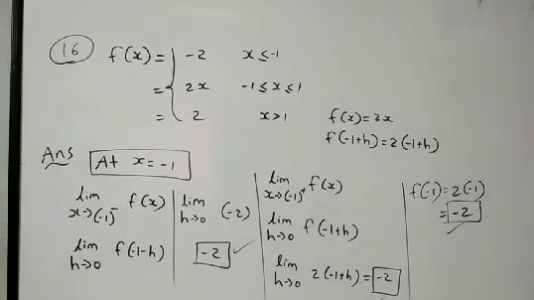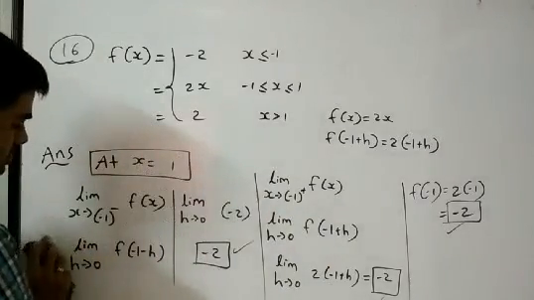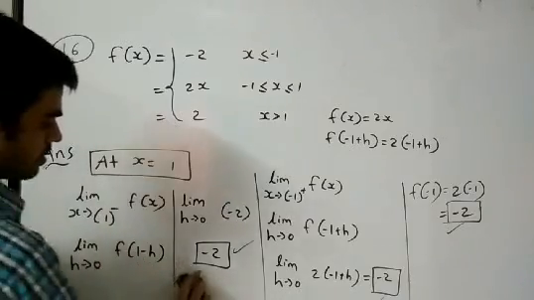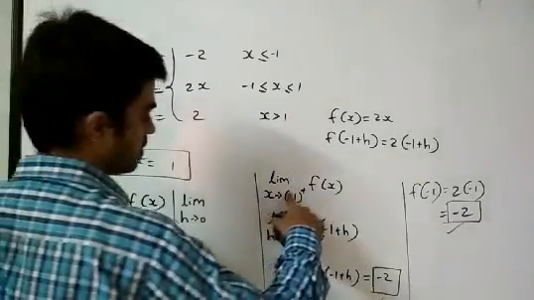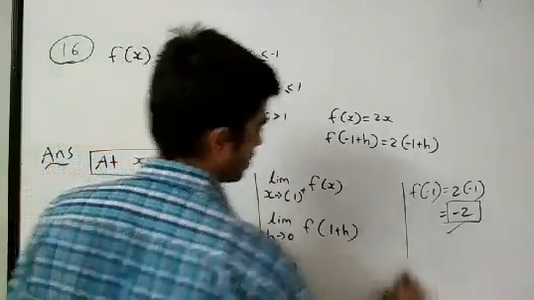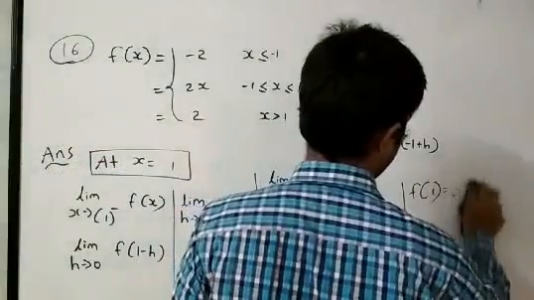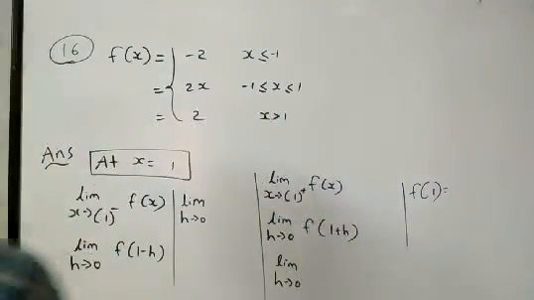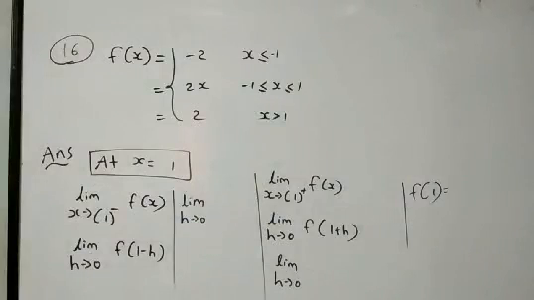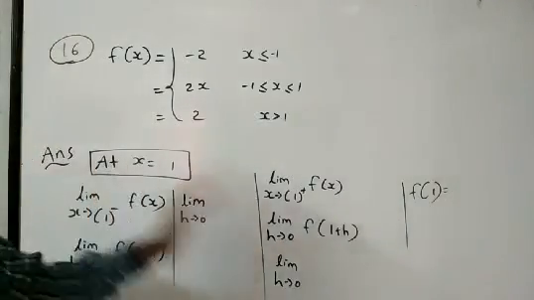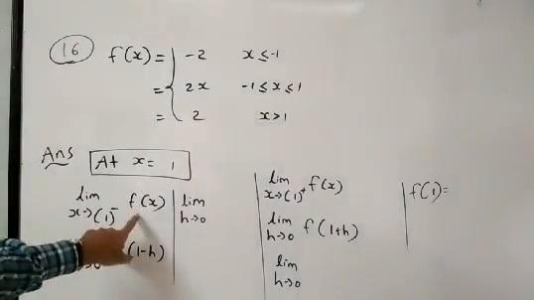Now when x equal to 1, what will be its value? At x equal to 1, we are taking limit x tends to 1 negative f of x.